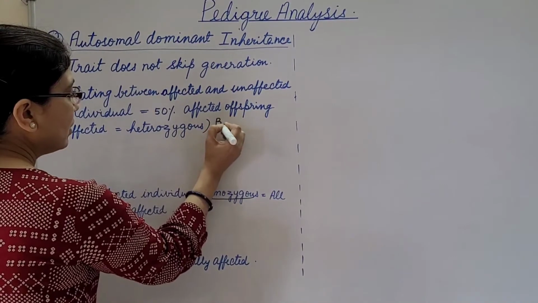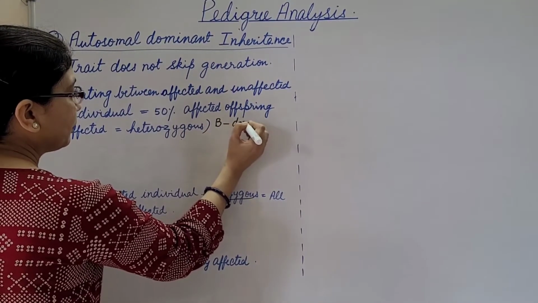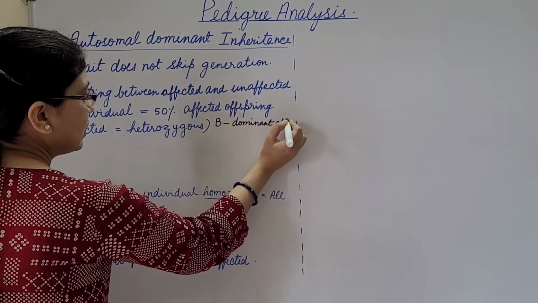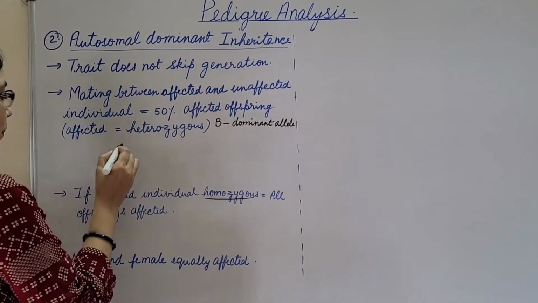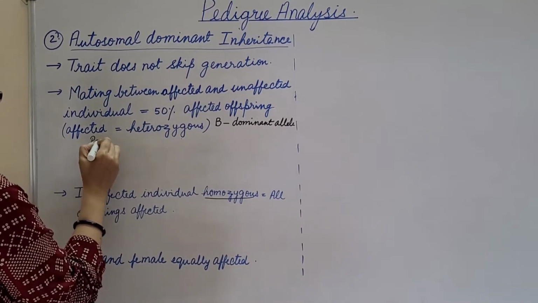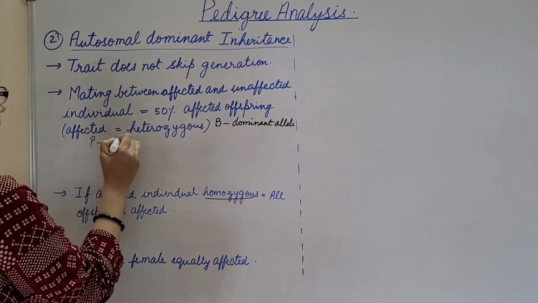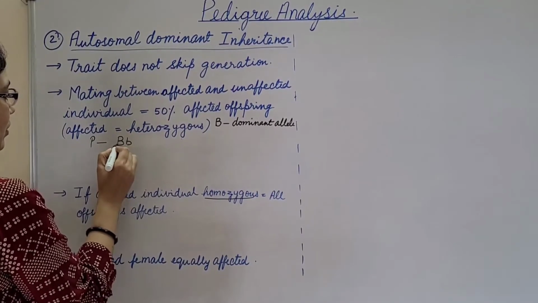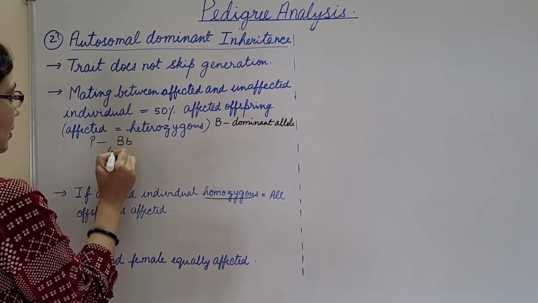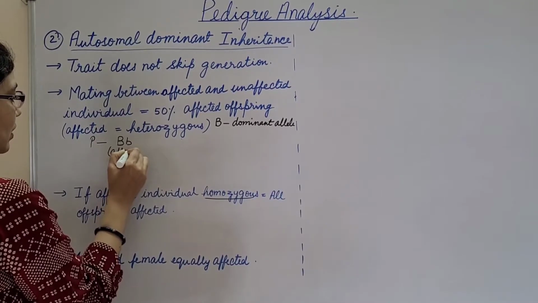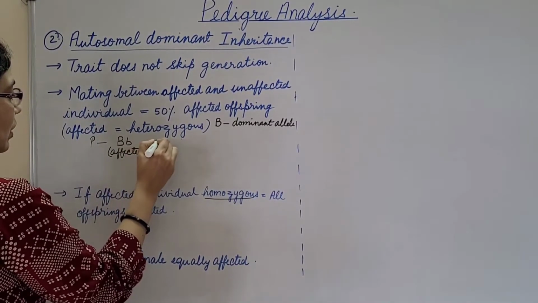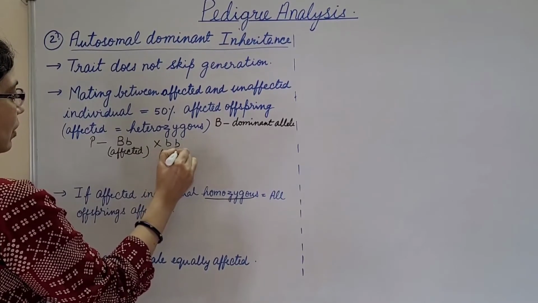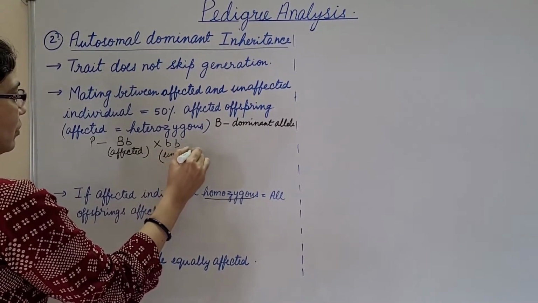Suppose this is the dominant allele which is responsible for a trait or disease. In the parental generation, if the individual is affected and heterozygous, that is, one dominant and one recessive allele is present, this one is the affected individual. It is crossed with the unaffected, which is homozygous recessive.